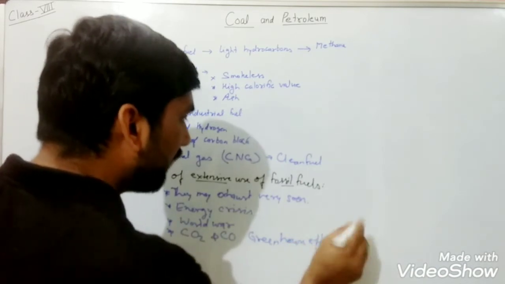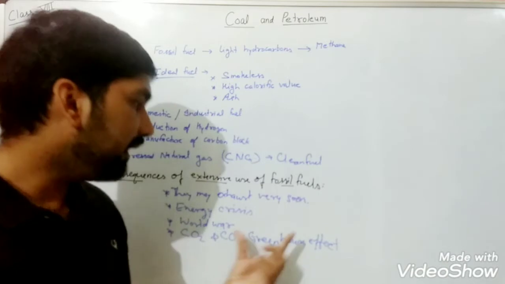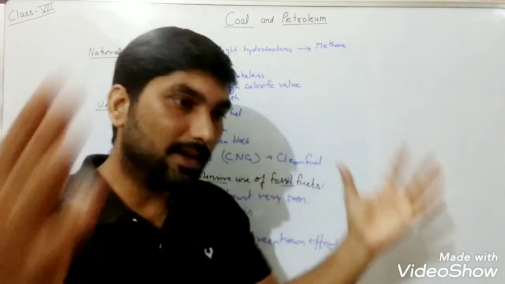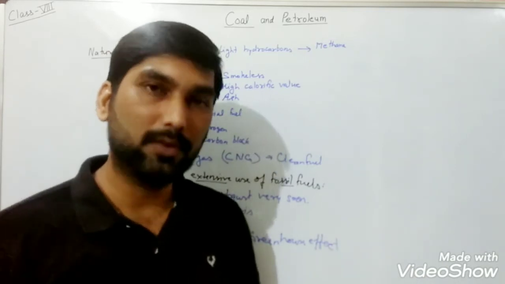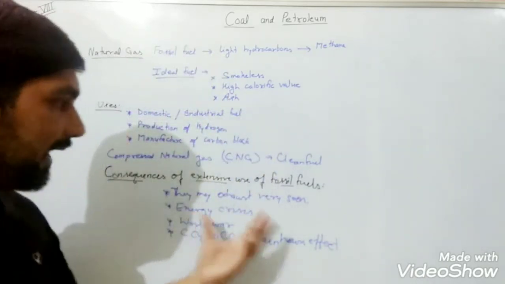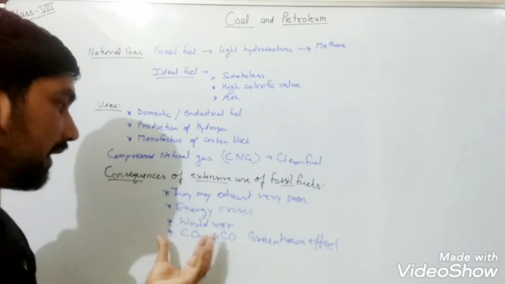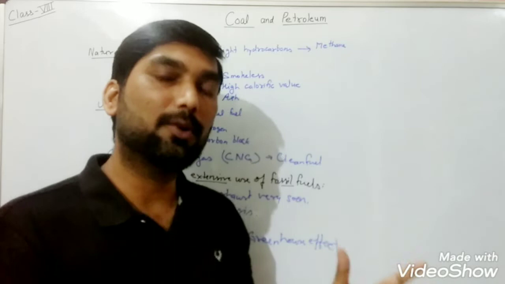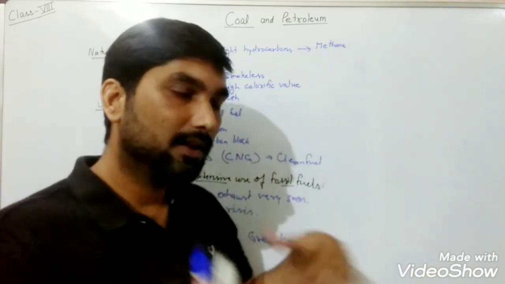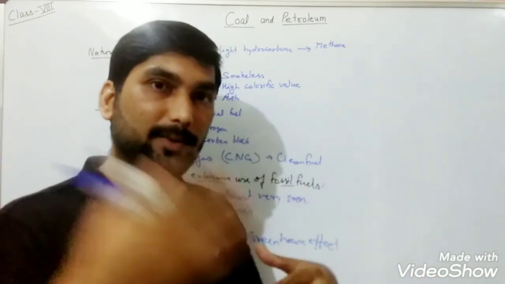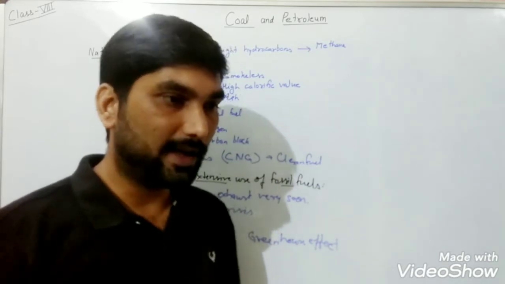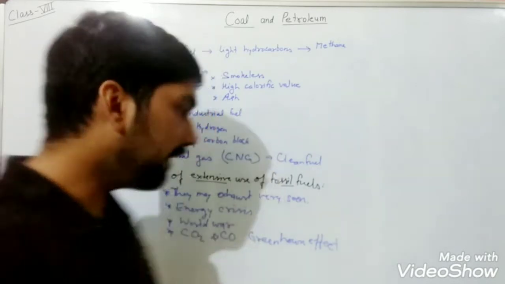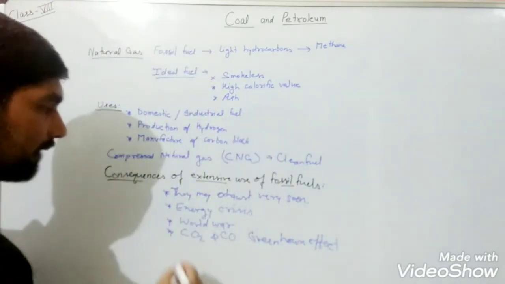Actually, what is the greenhouse effect? You know that our earth is surrounded by a layer of air that is known as the atmosphere, and in the atmosphere, if the amount of carbon dioxide and such gases becomes more, they are going to trap the radiated heat from the earth which is coming from the sun, so that it finally increases the temperature of earth, which is also considered as what?